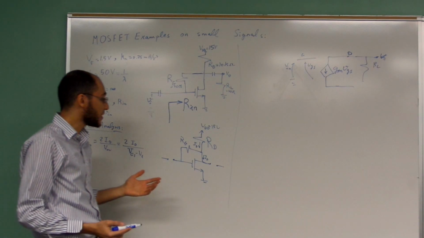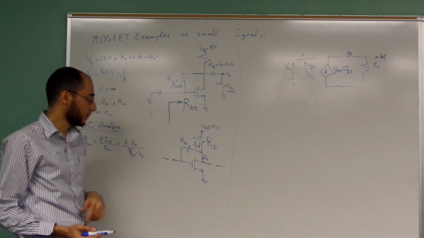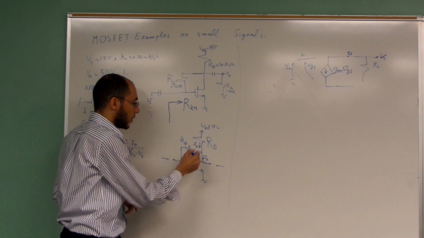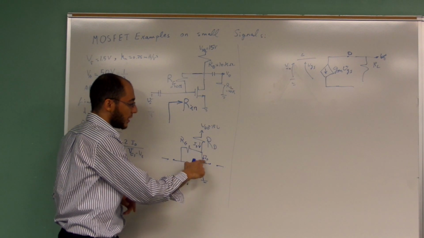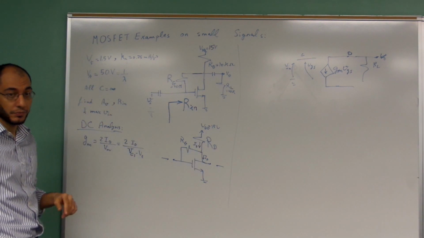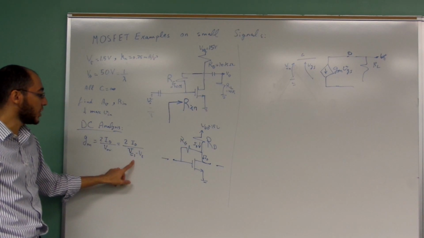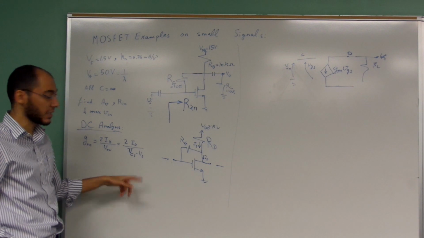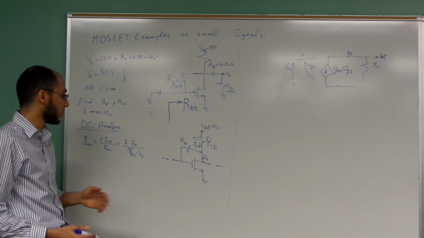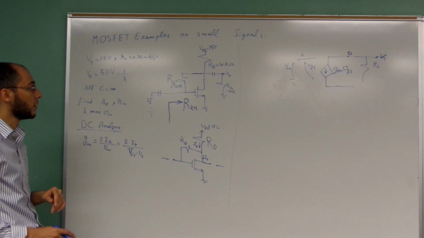So there is no current flowing to the gate. Okay? So the value of ID is the same as this value. Okay? So I need to calculate the value of ID through this configuration, and I need to calculate the value of VG, and then subtract VS. VGS is VG minus VS, and then subtract V threshold to calculate the value of GM.